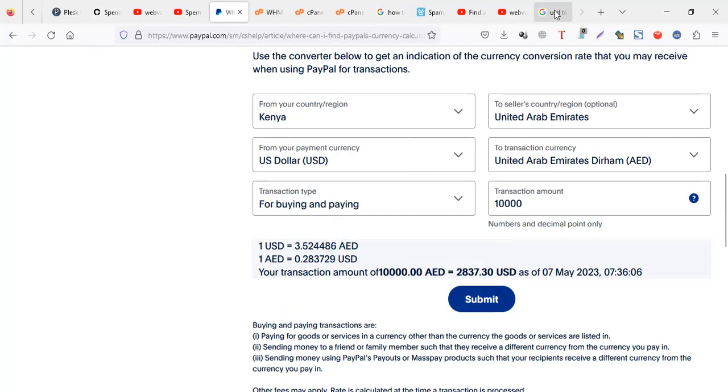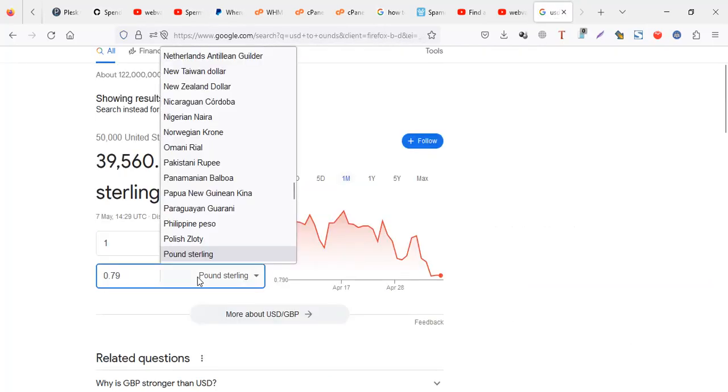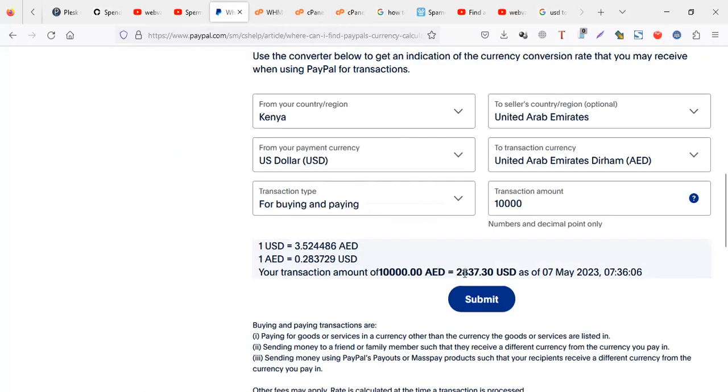But when we check in Google, let's check it out here. I'm paying 10,000 dirhams. That would be around 2,722. This is 2.8.